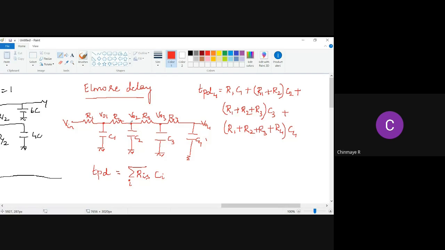So therefore, we write R1 plus R2 into C2. Calculating the delay due to C3, we see that R1, R2, R3 is in the path. So therefore, R1 plus R2 plus R3 into C3, plus the last term will be R1 plus R2 plus R3 plus R4 into C4. So this is the propagation delay for this network.